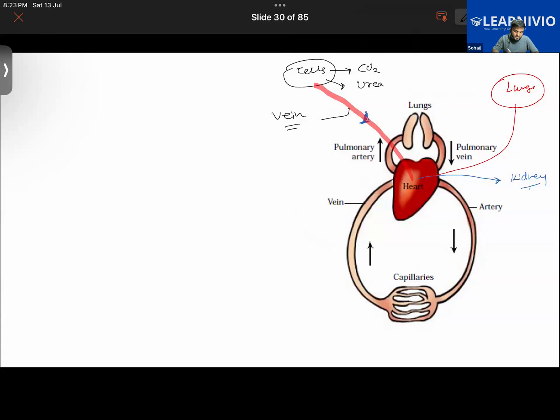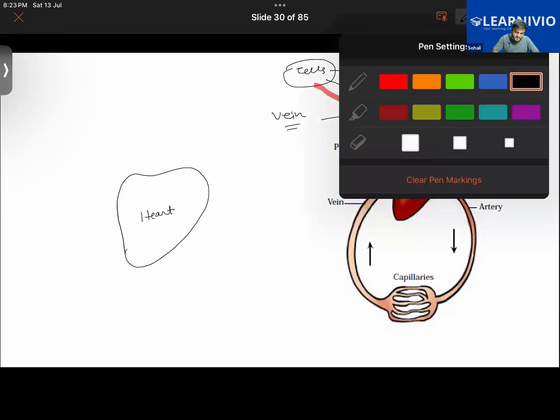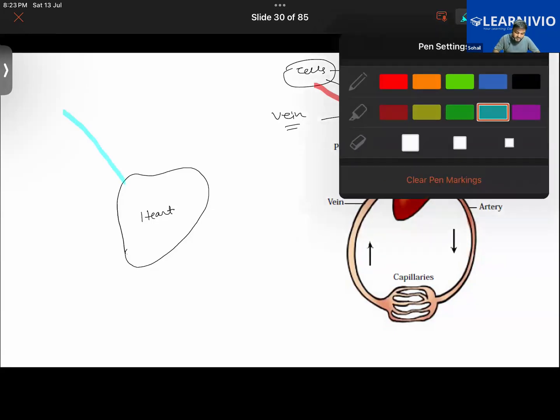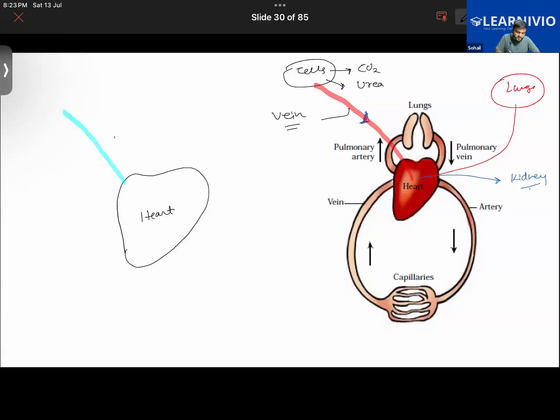So what we have learned over here, we have the human heart. In the heart, what happens? Veins would be bringing polluted blood towards the heart. Like a cell releasing carbon dioxide or urea as waste, which would be brought towards the heart with the help of veins.